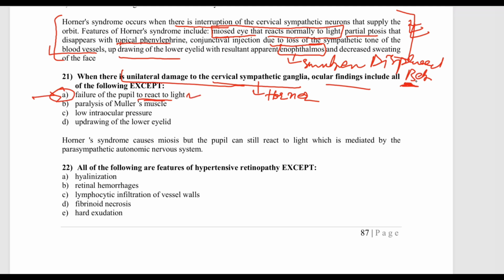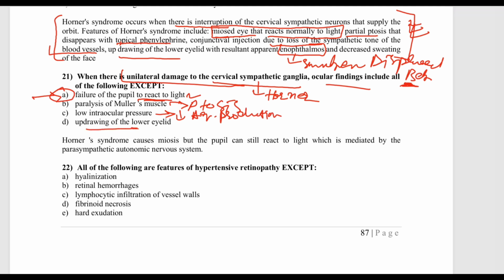This is not a feature of unilateral damage of the cervical sympathetic ganglia, or Horner syndrome. There will be paralysis of the Muller muscle that leads to ptosis, and low intraocular pressure due to decreased aqueous production because of decreased sympathetic supply.